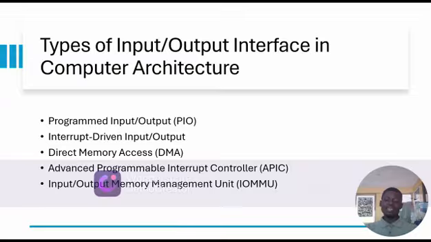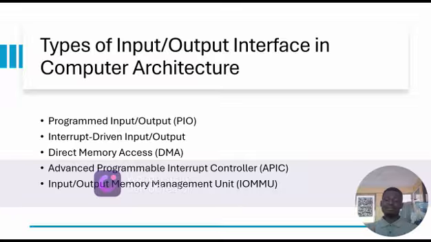So the third one we are going to talk about is direct memory access, also known as DMA. In this method, the input output devices can have direct access to the system memory.